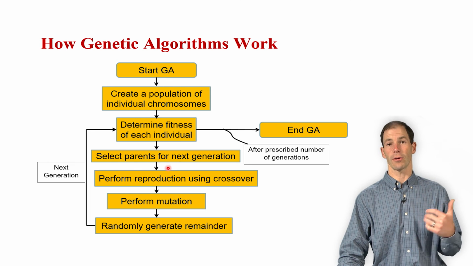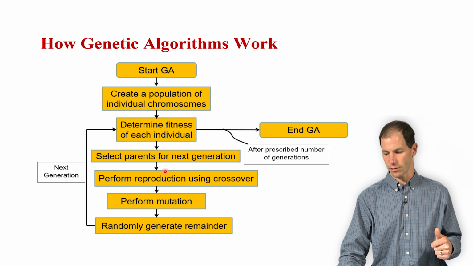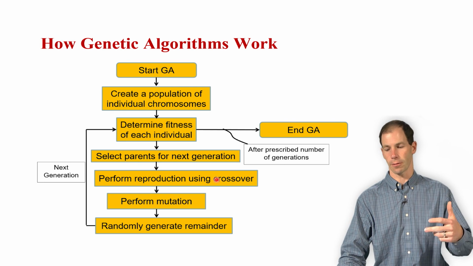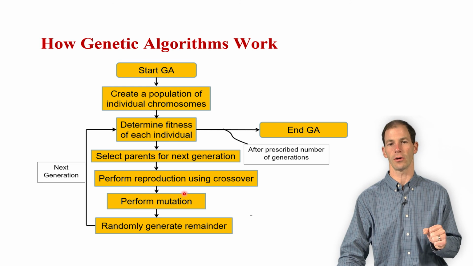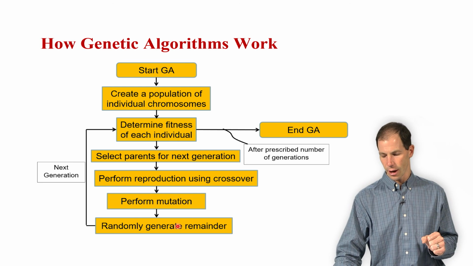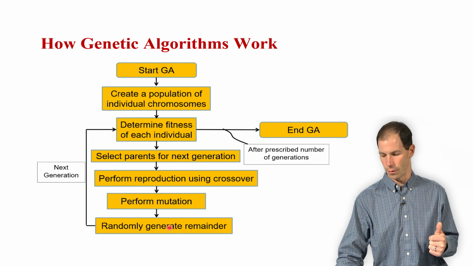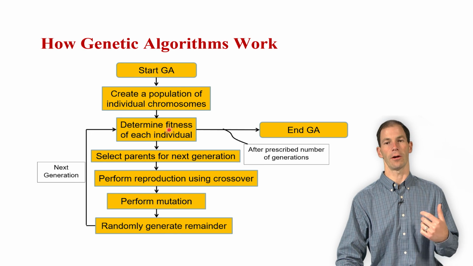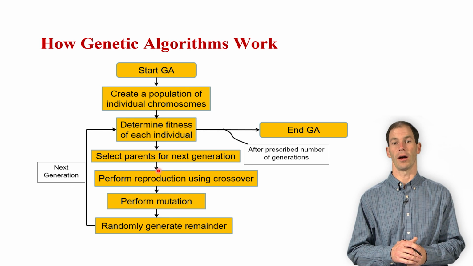I then want to create a little bit of new information in this next generation, and so we perform what's called a crossover, where we take the parental information and then mutate it a little bit, so we'll flip some 1s and 0s in our system. And then I will randomly generate possibly a couple of additional individuals, and then I will evaluate all of these again with their fitness and go around in a circle until I've done enough generations of my problem.